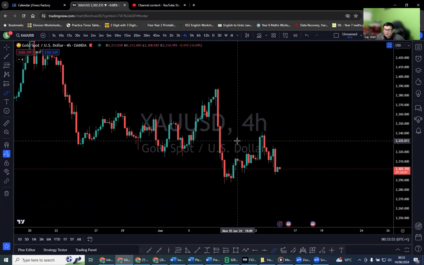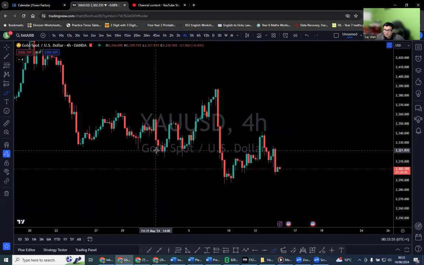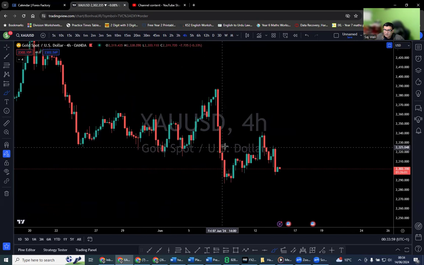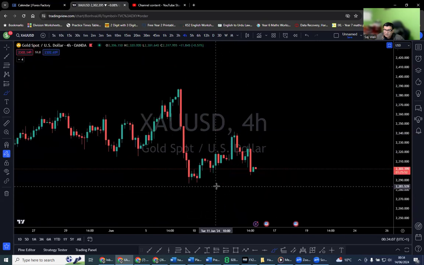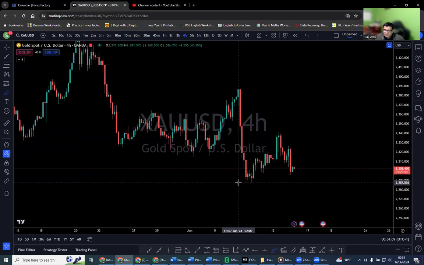On 4 hour you can see the market was on the level here.